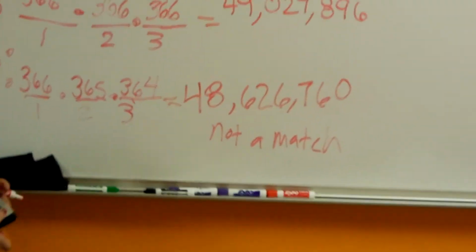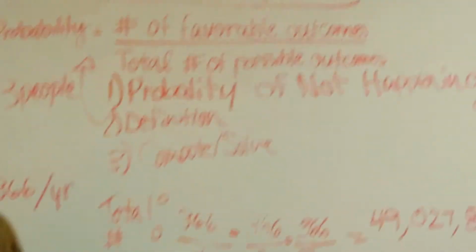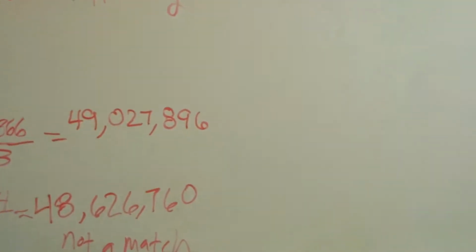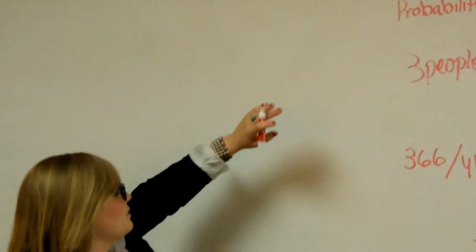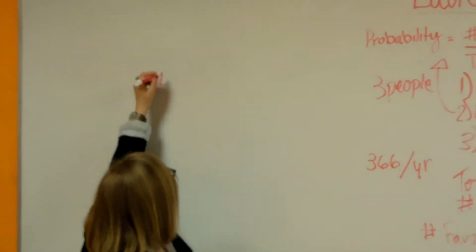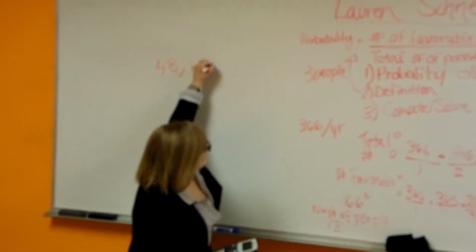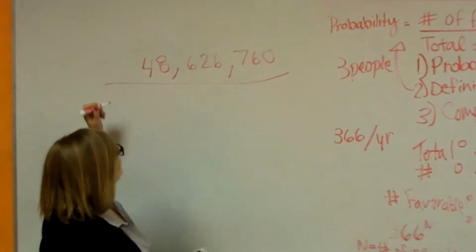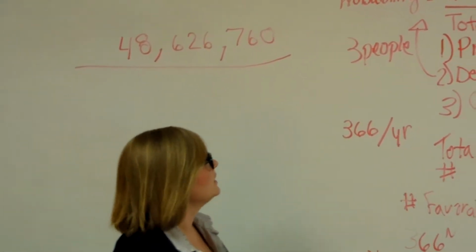All right, and now let's take what we found and compute, putting it into our problem. So our number of favorable outcomes, which is 48,626,760, we're going to put that over our total number of outcomes.